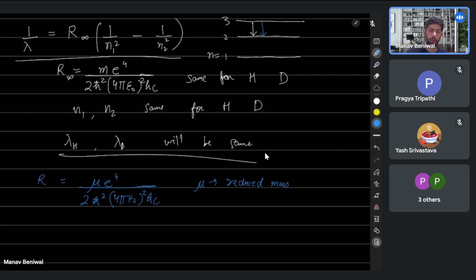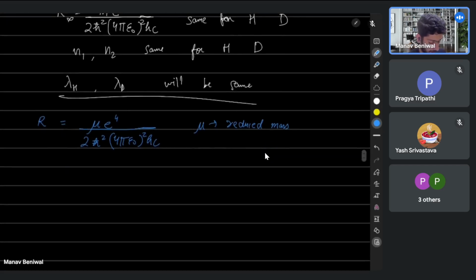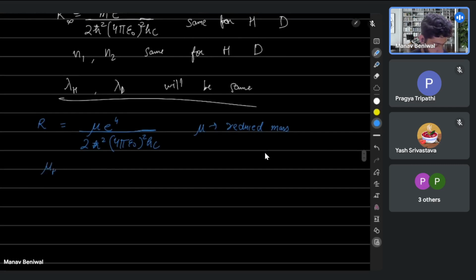For hydrogen, mu H will be m1 m2 upon m1 plus m2.